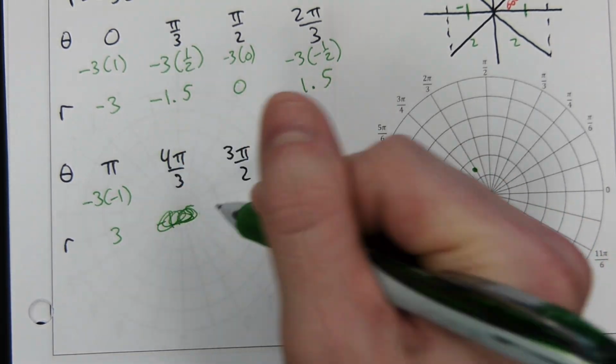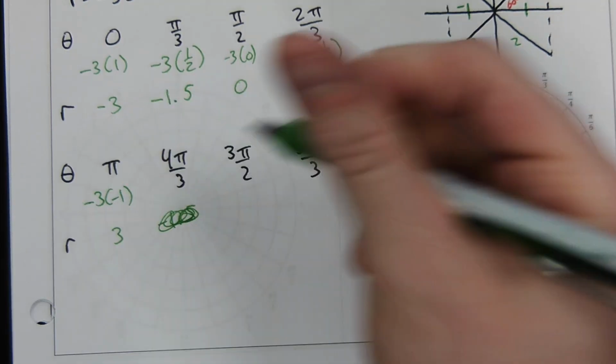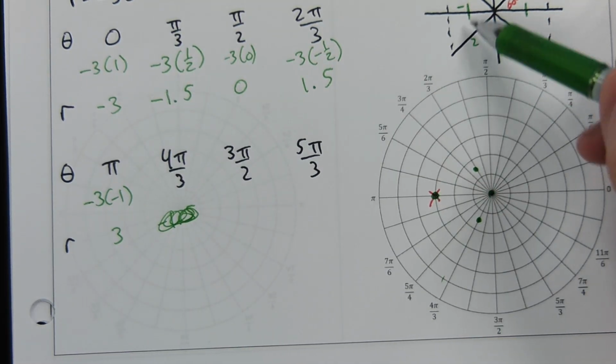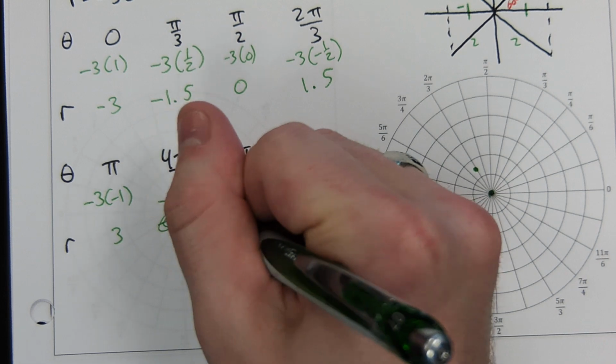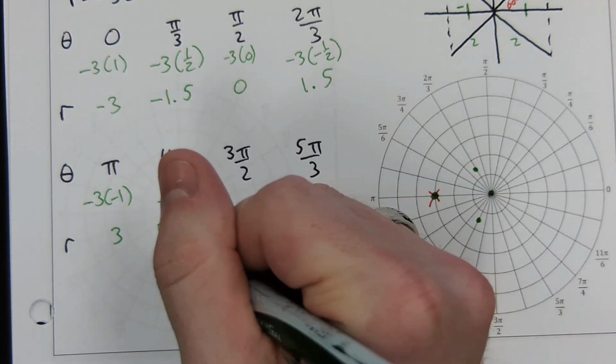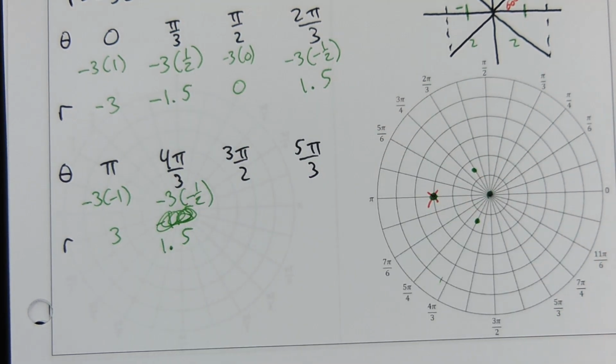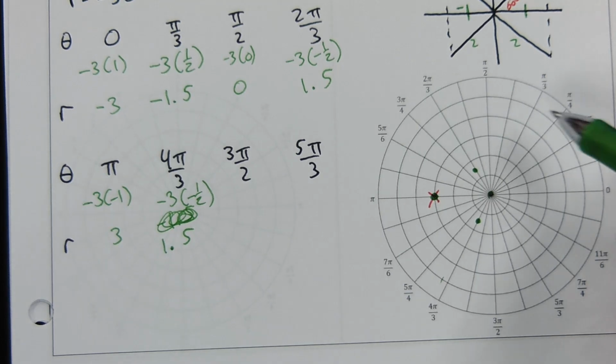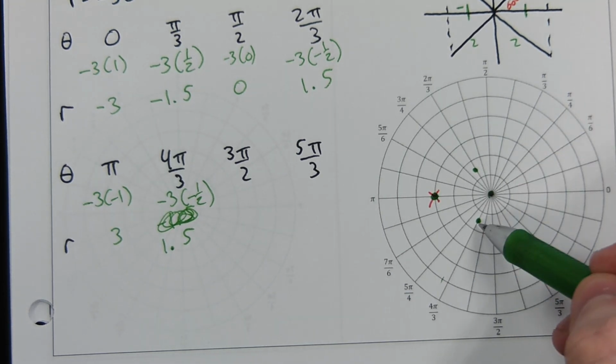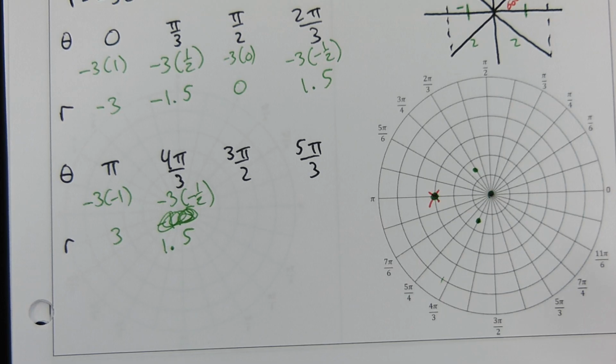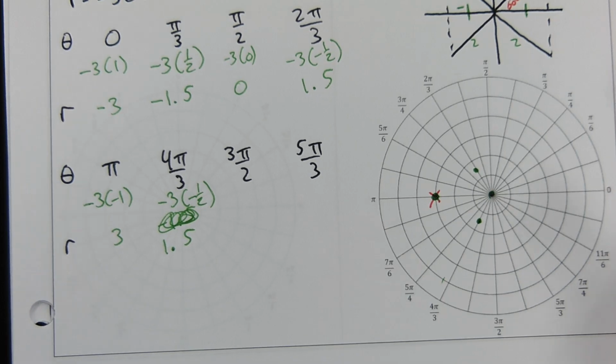Actually, that'll be +1.5, won't it? 4 pi over 3, shouldn't try to do it from memory. -3 times -1/2. Get you +1.5. There we go. 4 pi over 3 spoke, +1.5. It's right there. Yep, get to stay there.